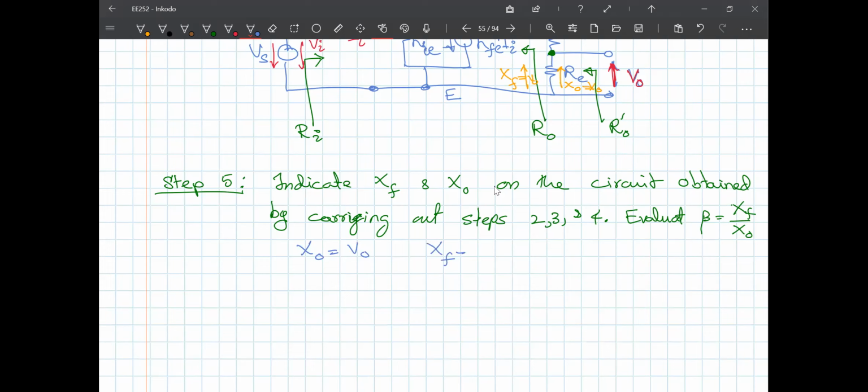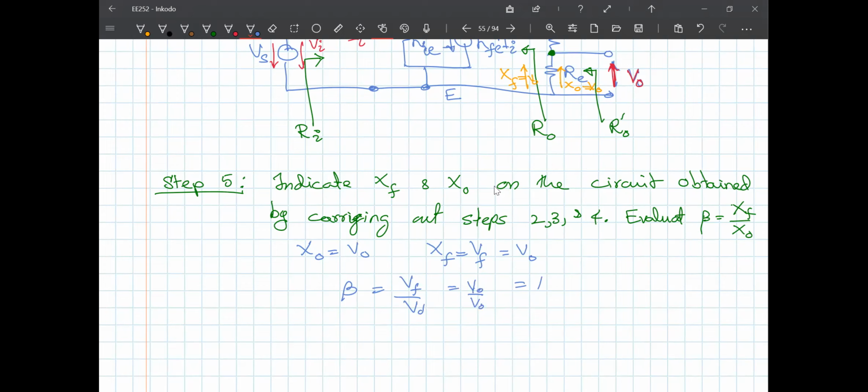XF is equal to VF, which is also equal to V out. Therefore, beta is equal to VF over V out, which is equal to 1. So V out divided by V out.